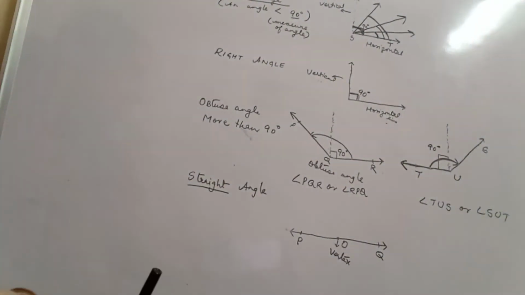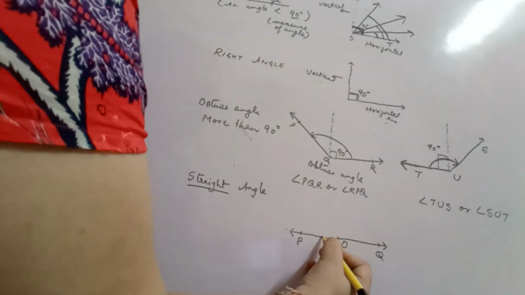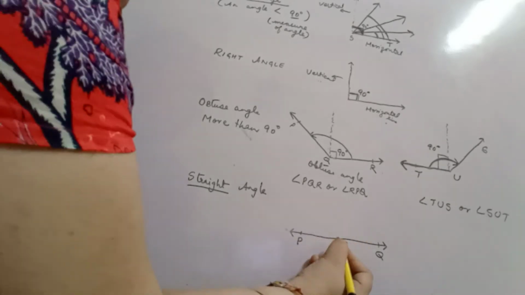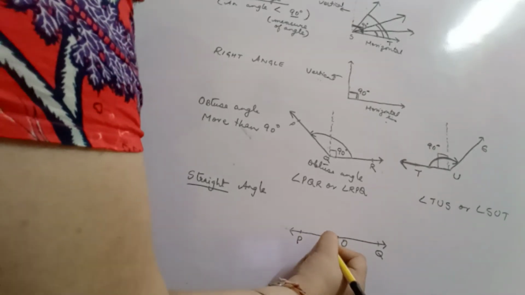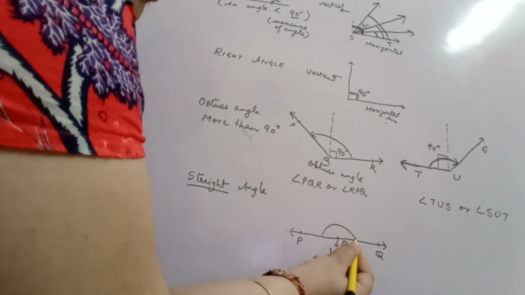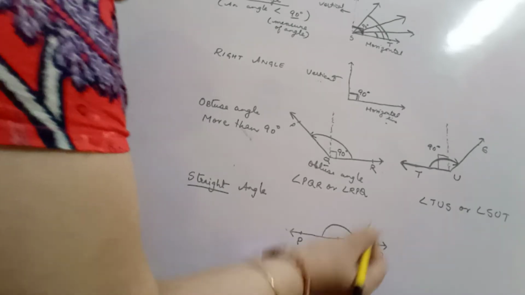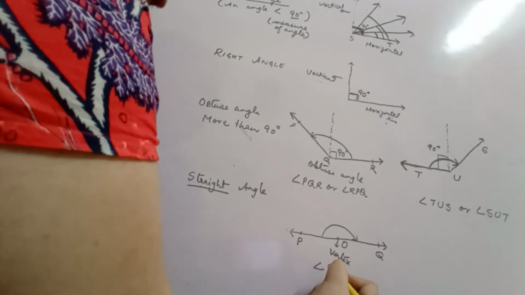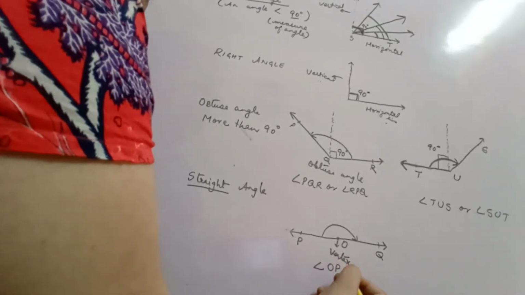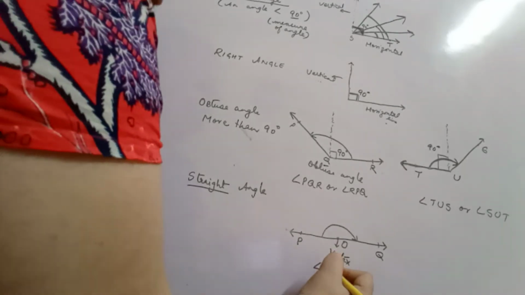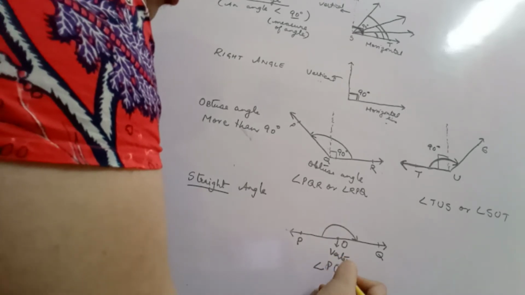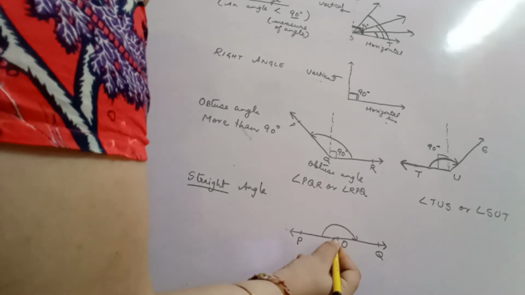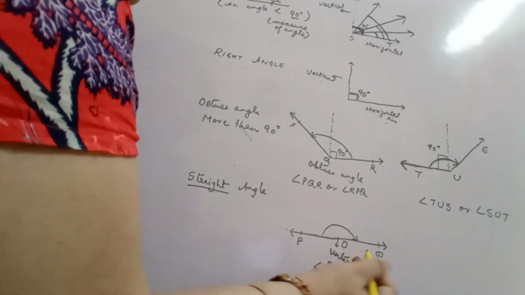How will you name this angle? I will start with one of the rays. Always start with one of the rays. So the ray is OP. I will start from OP and go till OQ. So what is the name of the angle then? Sorry, POQ.